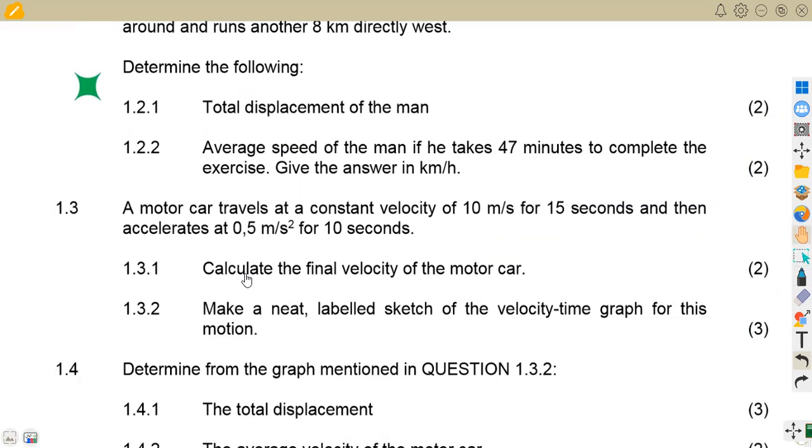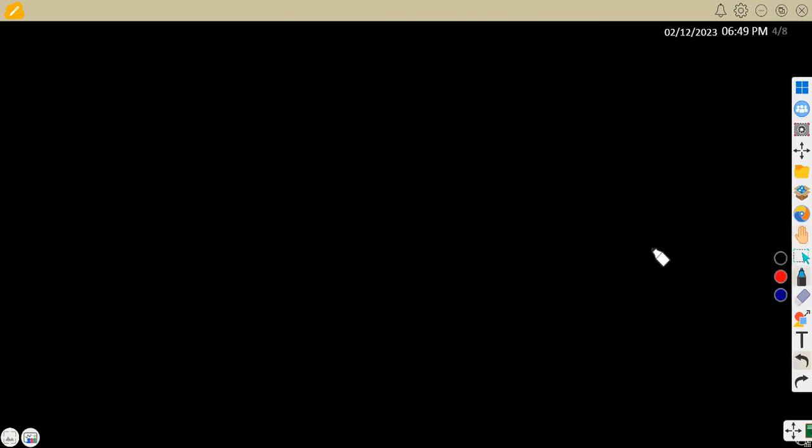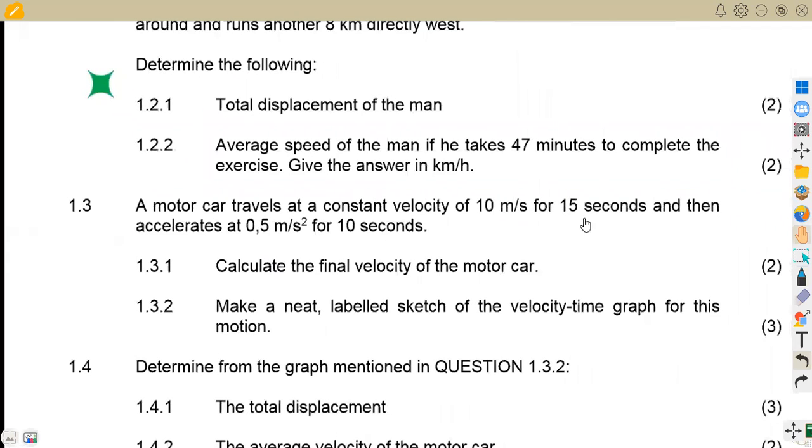We can just list down the information here. A motor car travels at a constant velocity. That is your initial velocity. So we are given the initial velocity, which is 10 meters per second. That was 10. All right. For 15 seconds, that is the time.